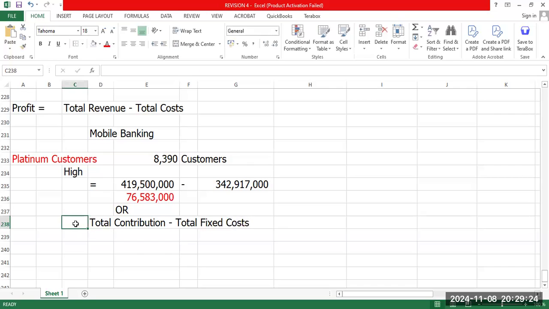Or profit is equal to, because this one may be easy, it may not take time.